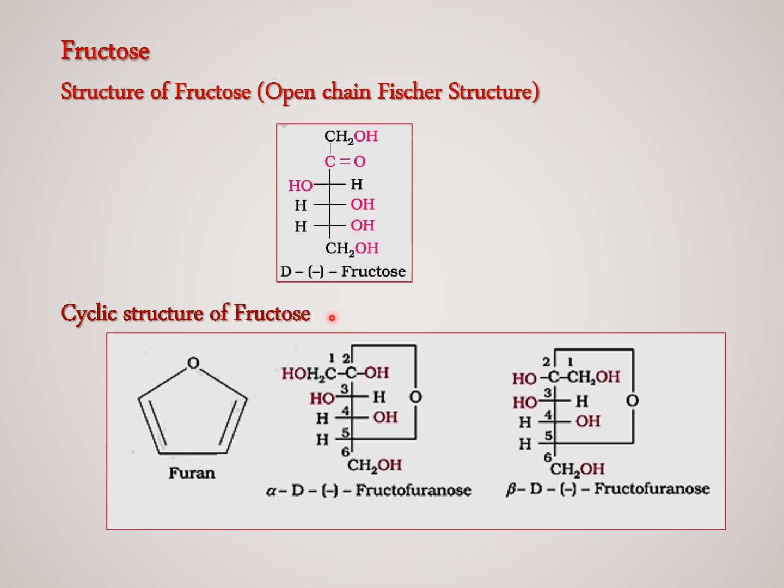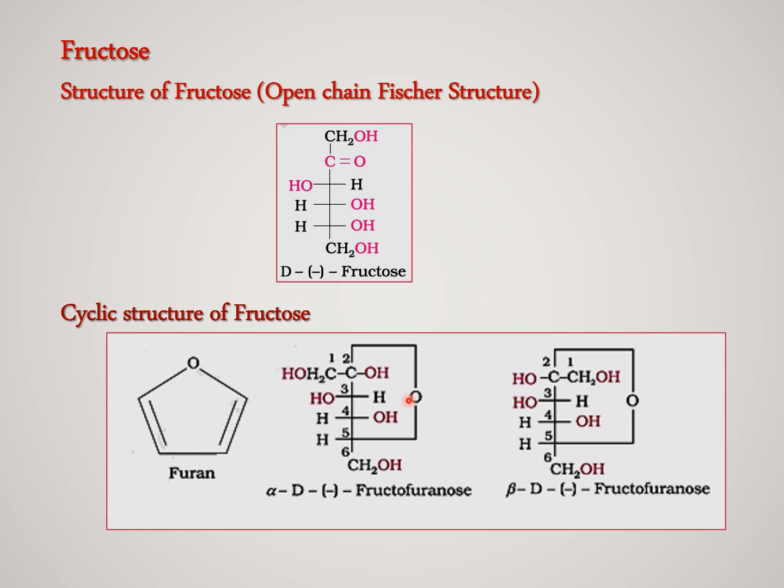Thereby, in the Fischer structure of fructose in the cyclic form, you have the first carbon atom CH2OH, the second carbon atom converting from C double bond O to C-OH, the third carbon atom OH on the left, H on the right, the fourth carbon atom H on the left, OH on the right, the fifth carbon atom H on the left and involved in the ring formation with carbon number 2 through the oxygen atom.